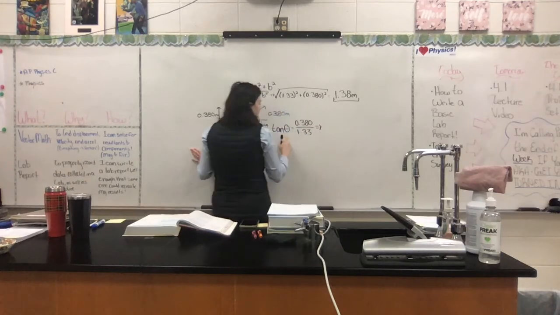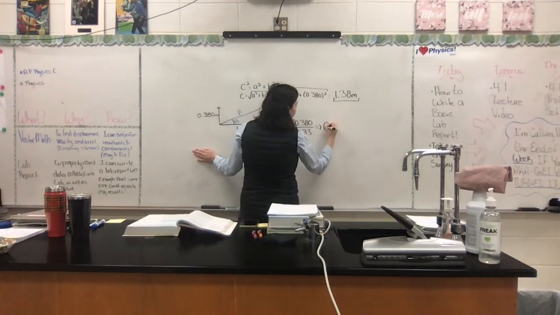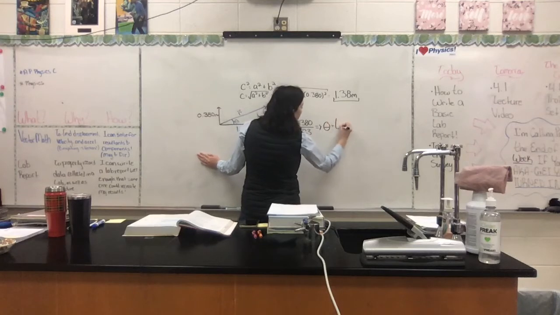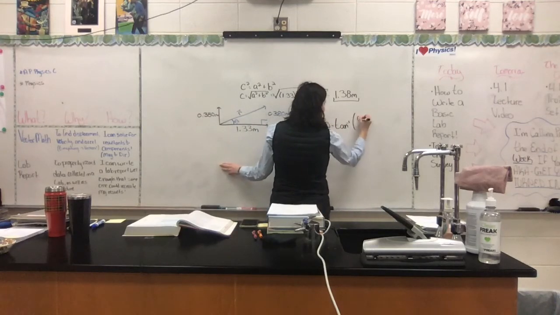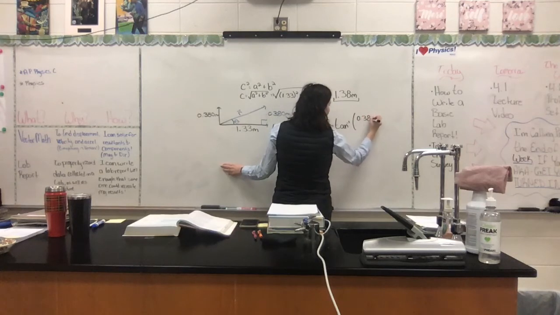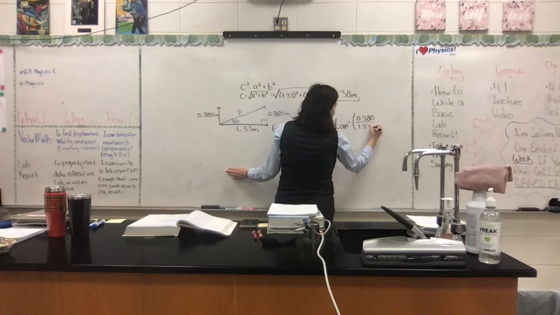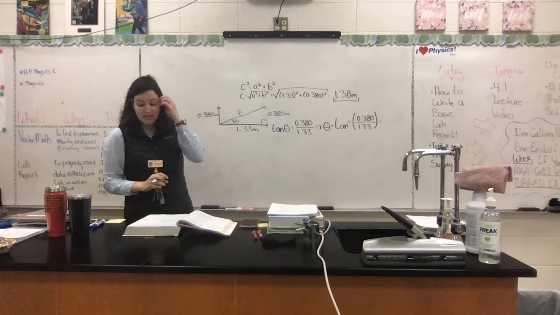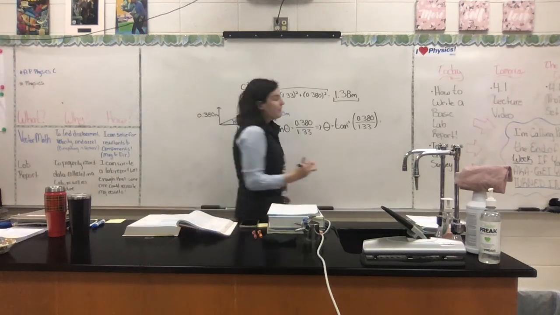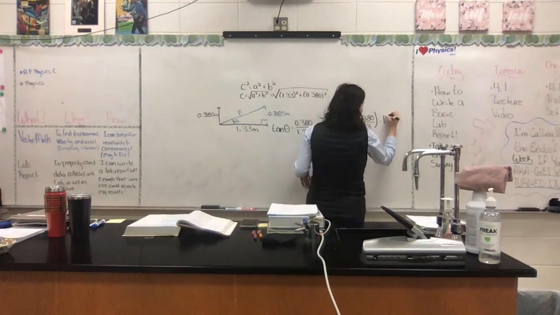In order to get theta by itself, theta is equal to the inverse tangent of 0.380 over 1.33, okay? And that is going to give us a theta of 15.9 degrees, all right?